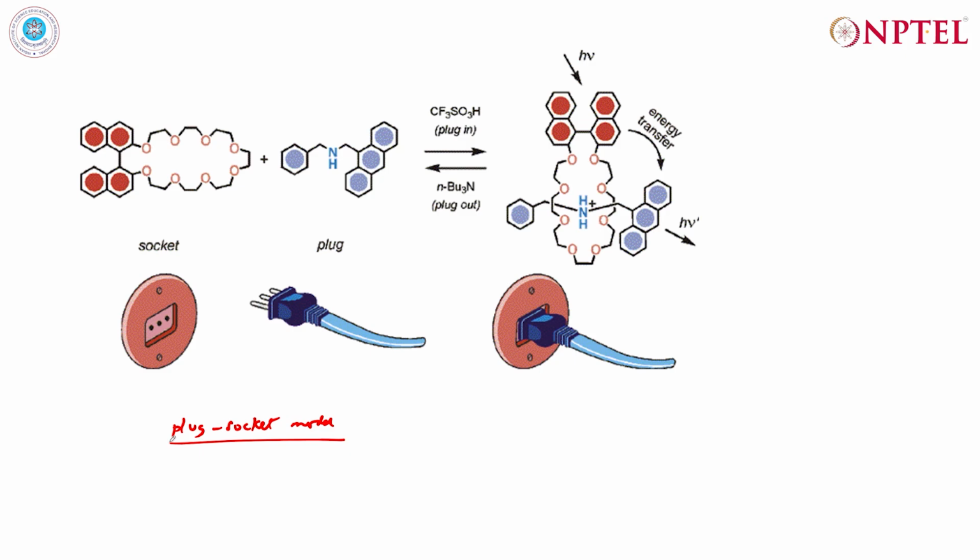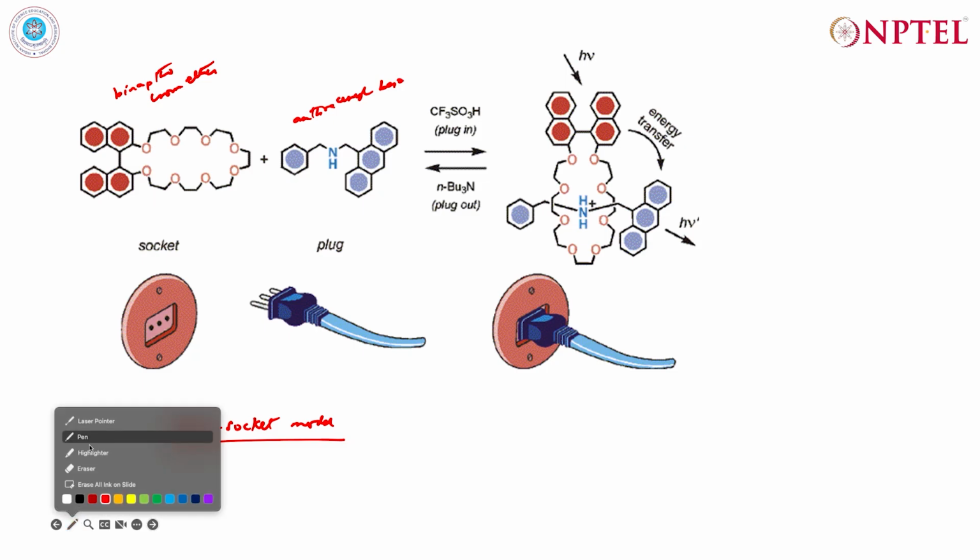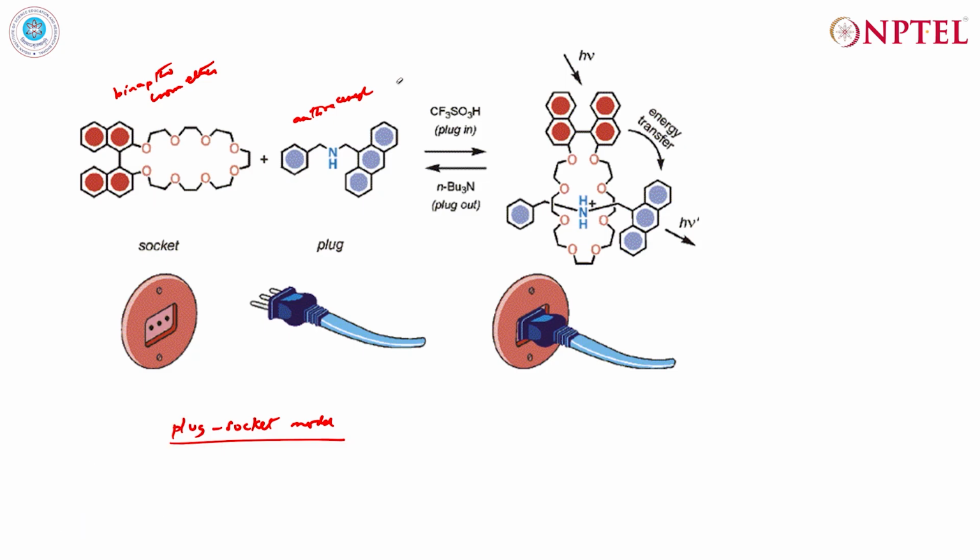So here we have the binaphtho crown ether. This has the crown ether moiety, and we have the binaphtho unit. This is the anthracenyl benzyl ammonium species.